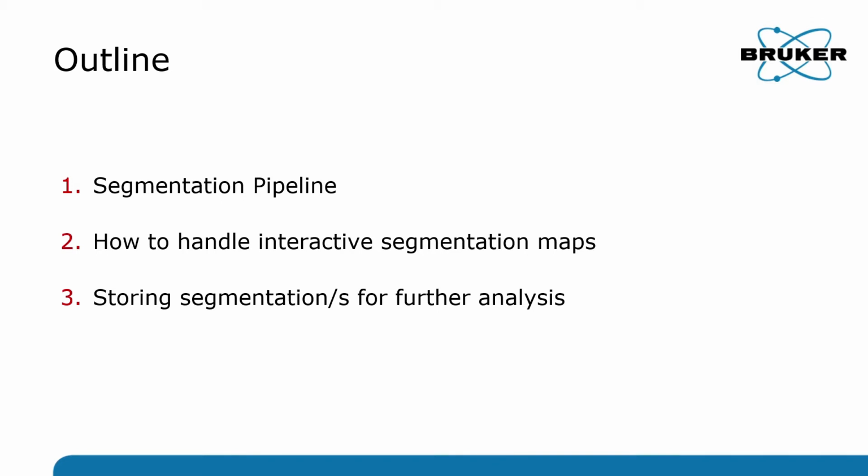The pipeline is necessary for axial top data because, as we covered in tutorial 1, axial top data does not contain a peak list. All other data types come preloaded with peak lists. So as part of the pipeline, a peak list is created, as you'll see. We'll also cover how to handle interactive segmentation maps and how to store segmentations for further analysis.